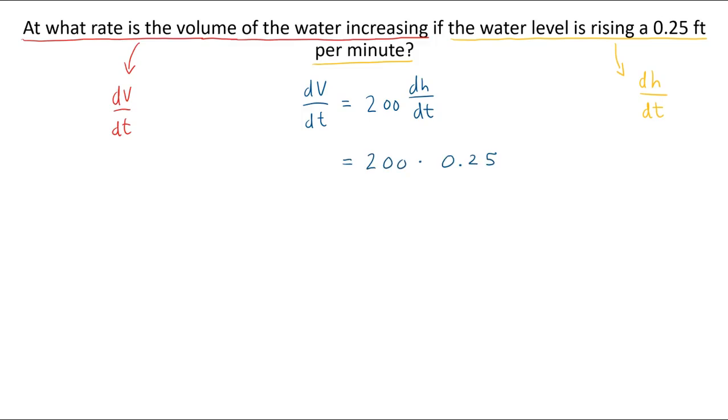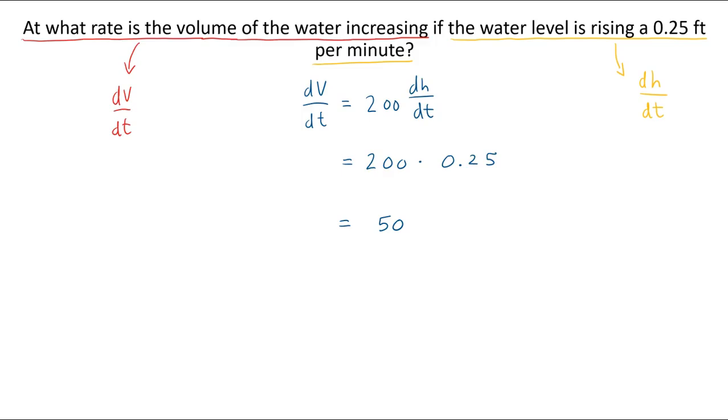So the rate at which the volume is changing with respect to time, or dV over dt, is equal to 200 times 0.25. So at the exact instant that the water level is rising 0.25 feet per minute, the volume is increasing by 50. Now what is that? 50 what?